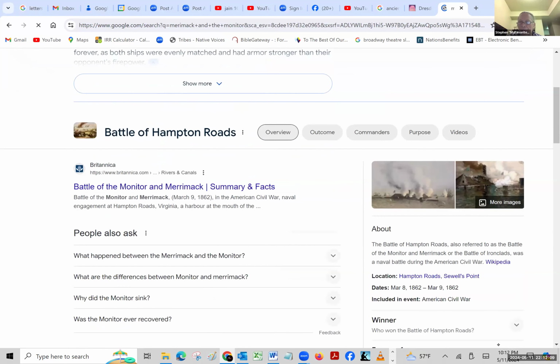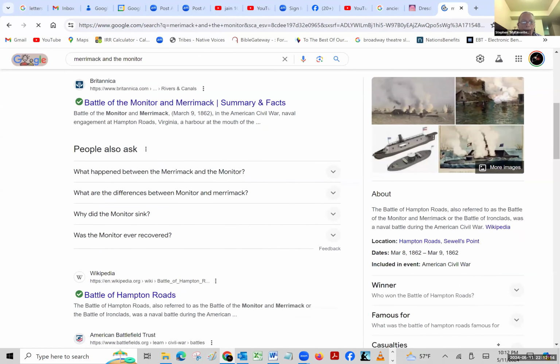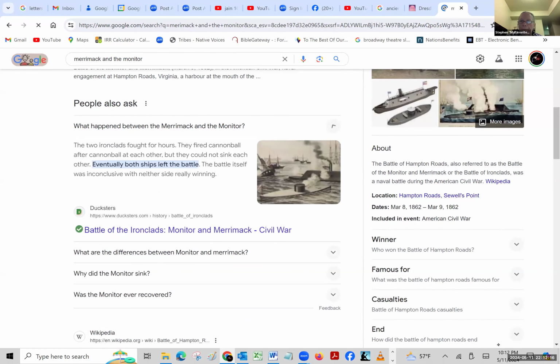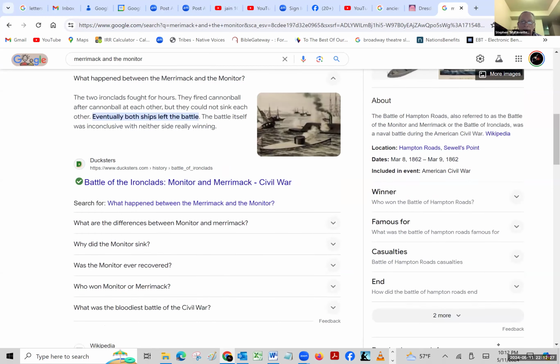Battle of Hampton? I think the Merrimack was the one that was above ground and the Monitor was quite below ground, but they were both the first ironclad ships.